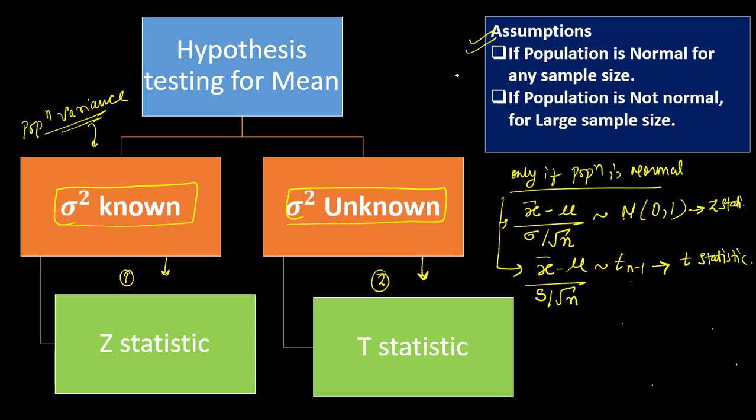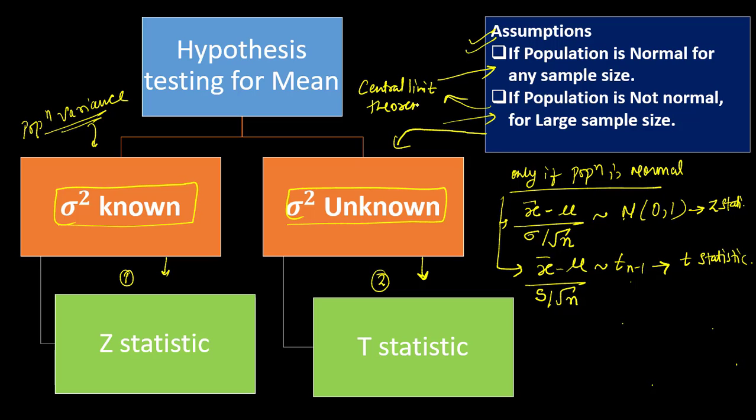So we have seen the first assumption. And what about the second assumption? The second assumption states that if the population is not normal, then only for large sample size are we going to use these concepts, that is sigma square known, sigma square unknown. In case of sigma square known we use the z statistic, in case of sigma square unknown we use the t statistic. This assumption tells us about the central limit theorem.